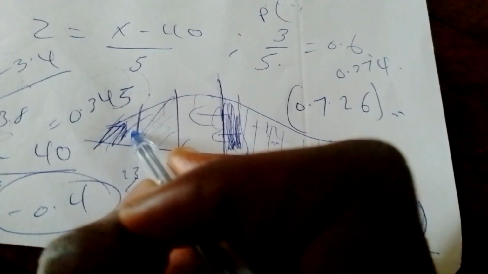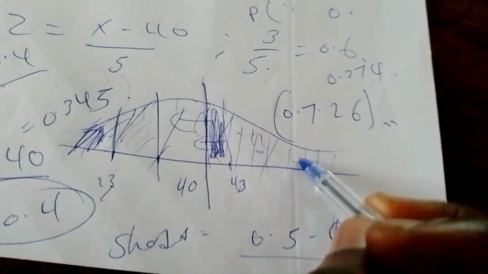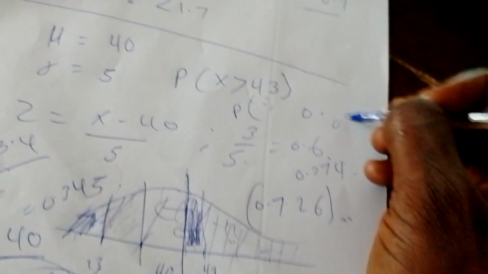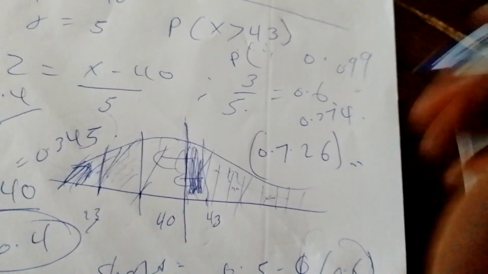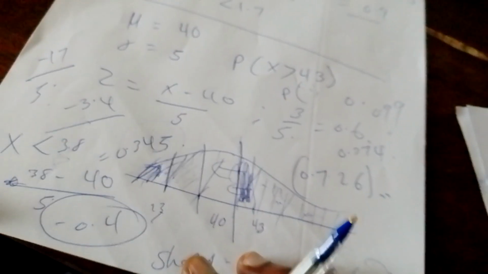So now if you want to find the main one, you have to subtract this 0 point something from 1, then you get the whole of that area. And that would be 0.99 something, and that'd be a big number. So with these ones you have to work with approximately 4 decimals. I think I messed up the sheet, but I hope it's making sense.